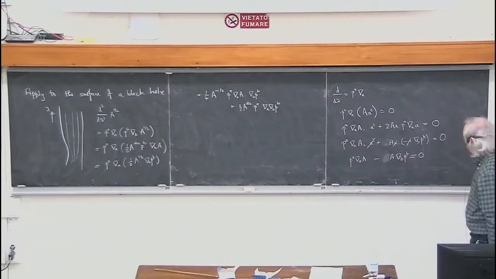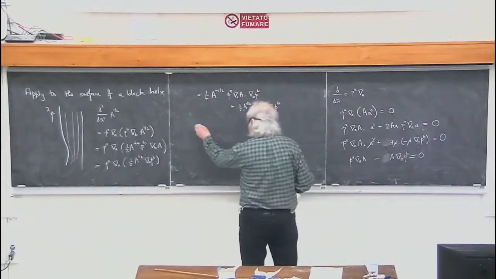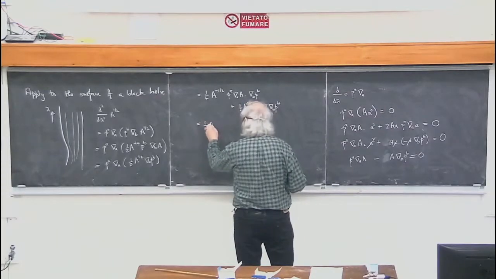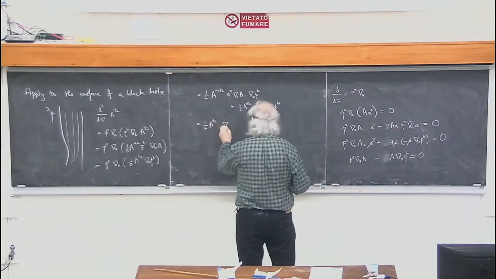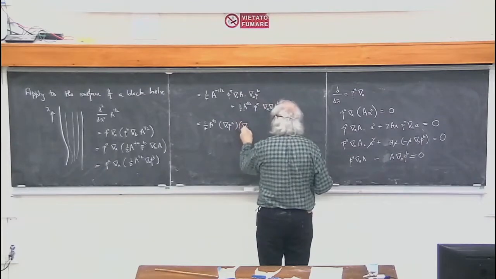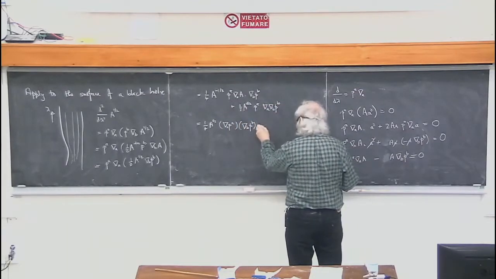But again, using this equation, I can get rid of this term, and I will get 1/4 A to the plus 1/2 del_A P^A del_B P^B plus this thing.